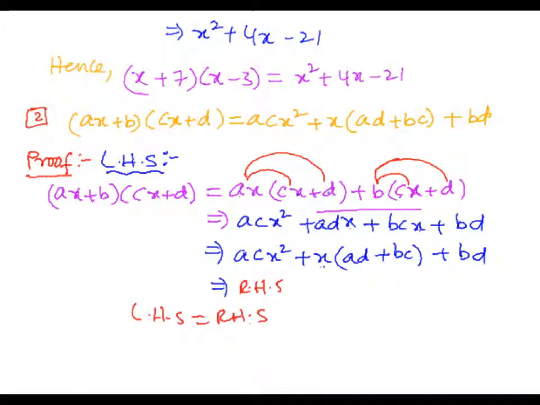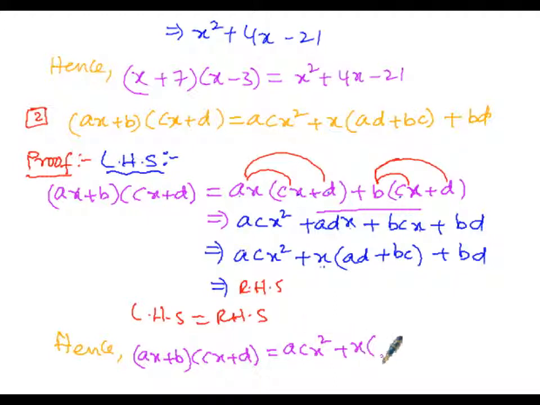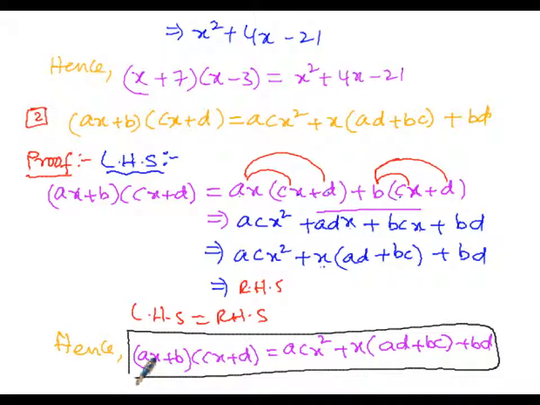Hence ax plus b into cx plus d is equal to the right side, that is acx square plus x into ad plus bc plus bd. In this manner we have proved the second one. Then based upon this special product which is proved, I want to perform one example, that is example number 2.